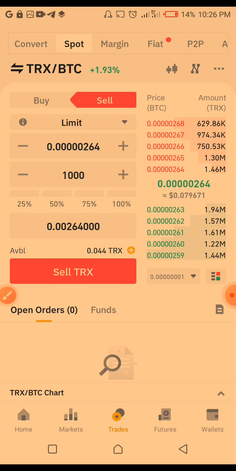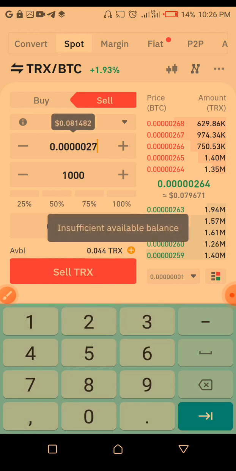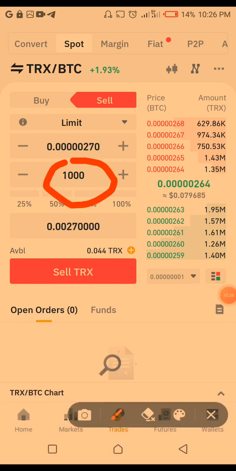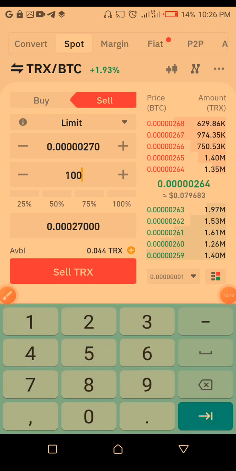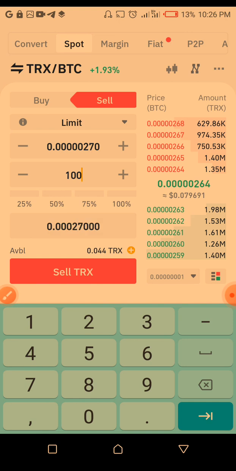So you can do it that way by changing the price here. Once you open this trade, it is going to be pending, but you must have TRS up to this 1000 here, or you can change it if you don't have up to that, let's say 100 or any amount. So you can sell any amount. That is how it works.